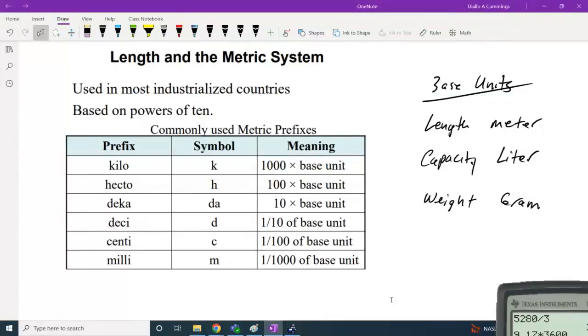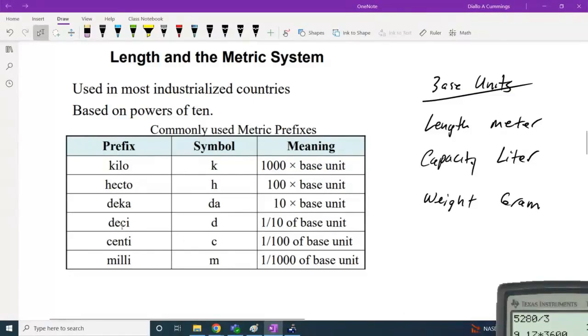And for length, from the bottom of the doorknob to the floor should be about a meter. The thickness of a dime is a millimeter. All right, just as a point of reference.